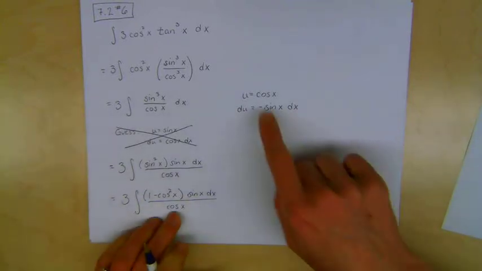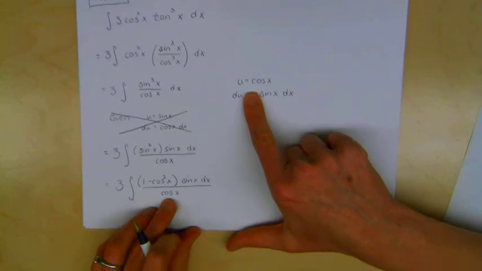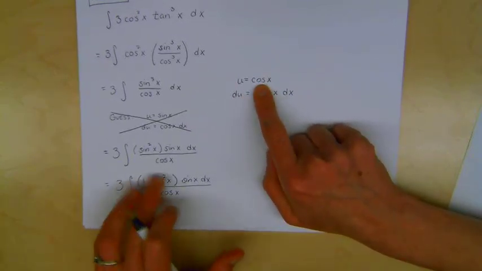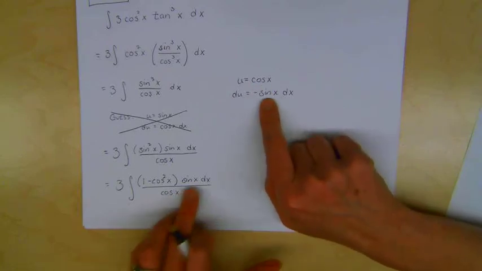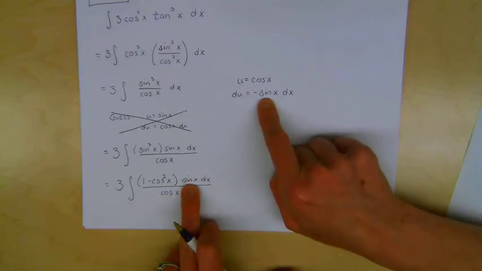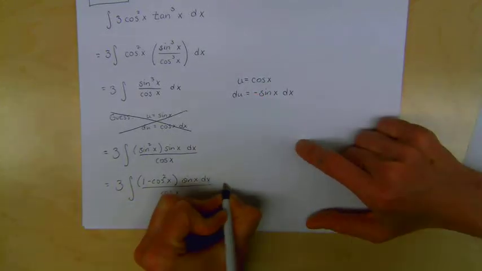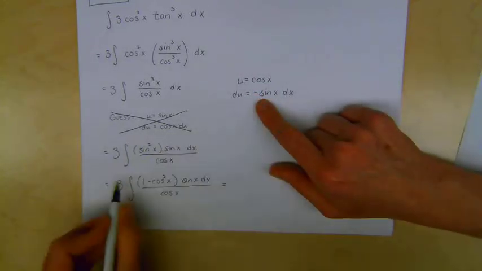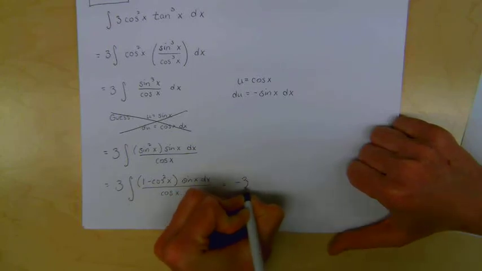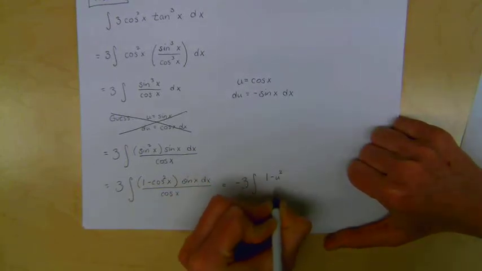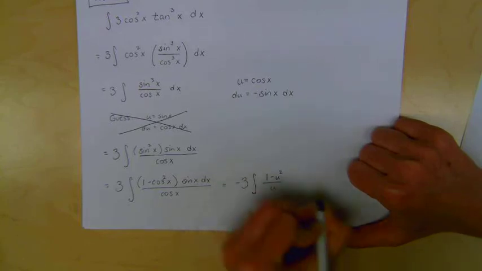And now this other u substitution that we proposed is one that's going to work. If I let my u equal cosine, all of my functions in here are cosine except for this one sine term that's in the numerator now. Notice that this is negative, and so when I convert it to u, I'll have to account for that negative sign. This becomes negative 3 times the integral of 1 minus u squared divided by u du.